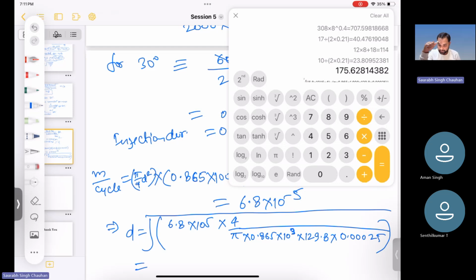I'm getting 175. So I think I have made some mistake. Actually, here is minus 10 to the power 5.